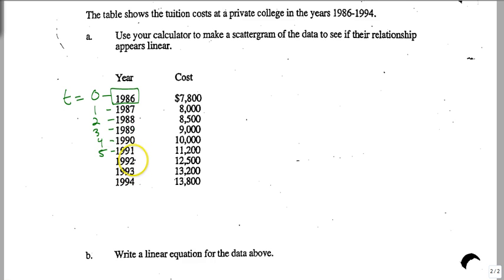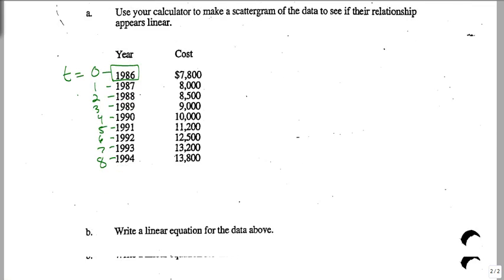If it jumps from 91 to 93, 93 is not 6, it's 7. But it doesn't. Whenever we're dealing with years, I'll usually tell you, and this one didn't, but usually you want to start at year 0 for the year that they give you the data for. Write a linear equation for the data above.